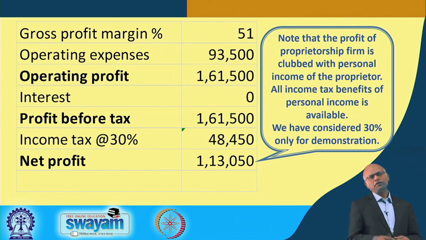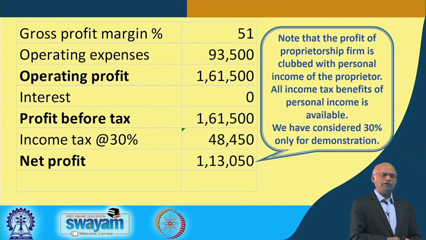Income tax: if this is a proprietorship, then the entire income of 1,61,500 will be added with your personal income, maybe salary or consultancy or anything else that you do, and then tax will be determined. But for simplicity, I have taken 30% as a flat rate of tax.